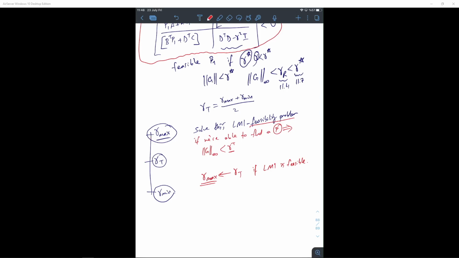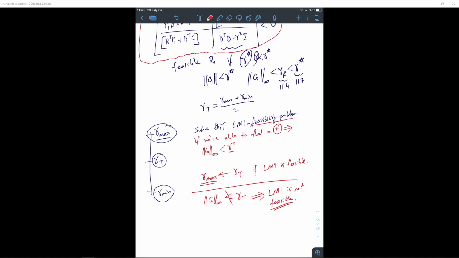However, if the LMI is not feasible, what I'm trying to say is this: if gamma t is not an upper bound of the H infinity norm of G, then the LMI is not feasible.